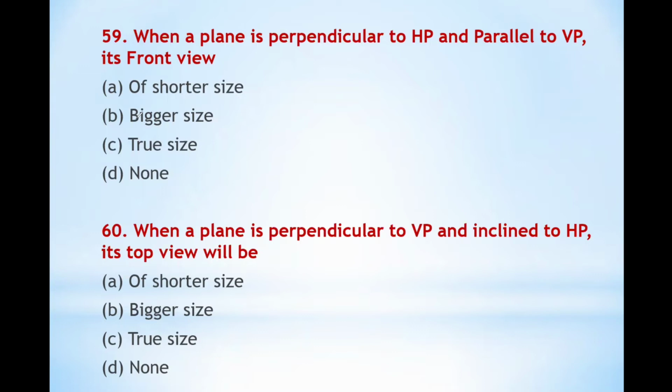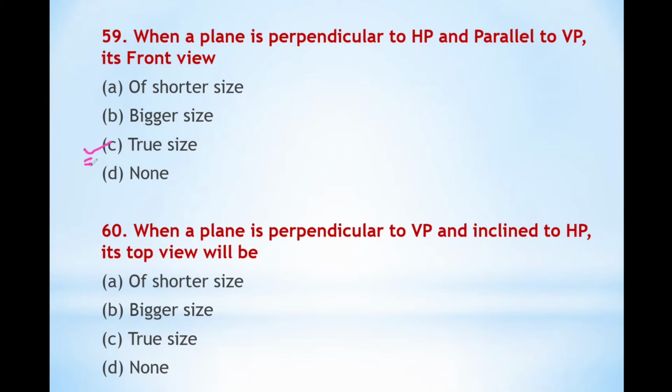As I already mentioned in the last one, whatever its front view is, it gives the true shape, as you can see in the statement: the plane is parallel to the VP. If the plane is parallel to VP, whatever front view you get must give the true shape or true size of that plane. So here option C will be correct.